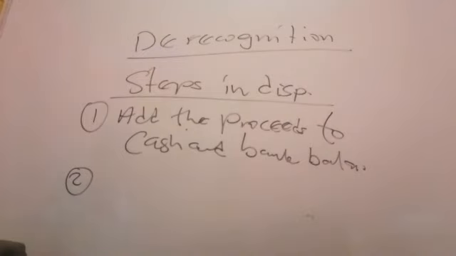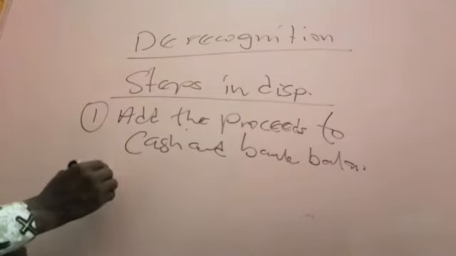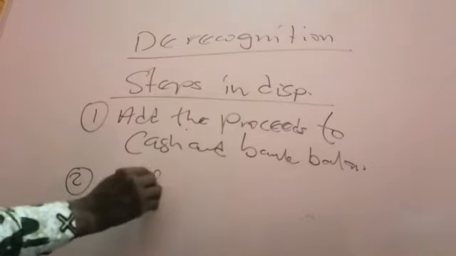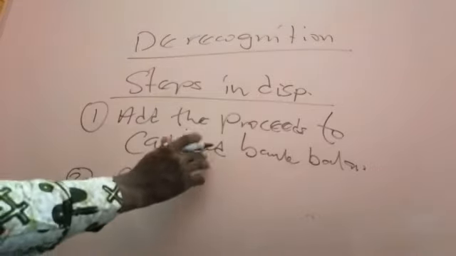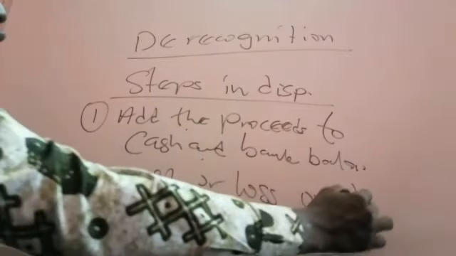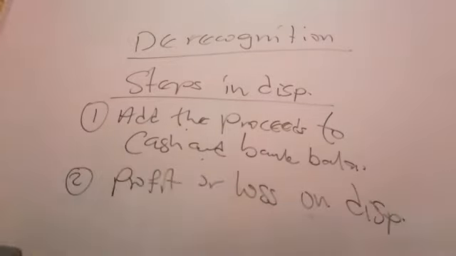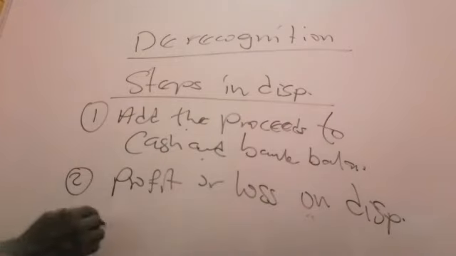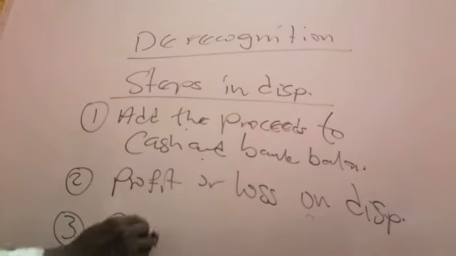Step two: calculate the profit or loss on disposal. Determine the profit or loss on disposal. And then the third one, I normally call it the remover.